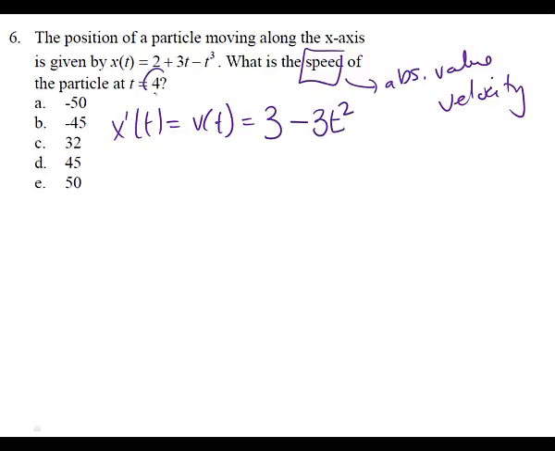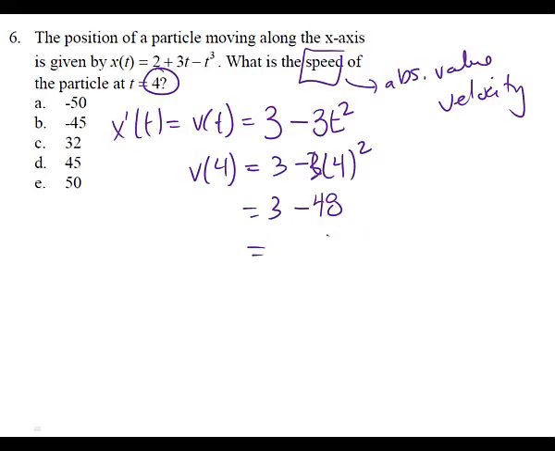Good. What are we supposed to plug in? A 4. All right, so 3 minus 3 times 4 squared. What's 4 squared? 16 times 3 is? Good. 3 minus 48 is? Okay, look at the answers.